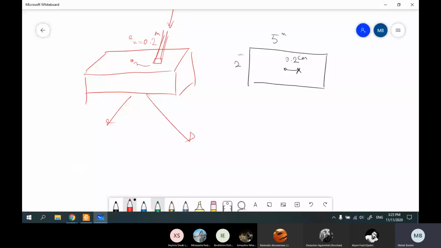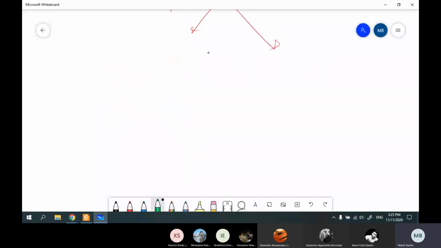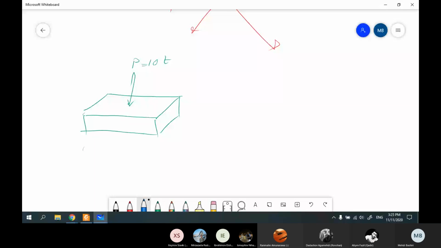I'm going to split it into axial loading and bending. What is the axial loading? One force. And what would be the distribution? Something like this.